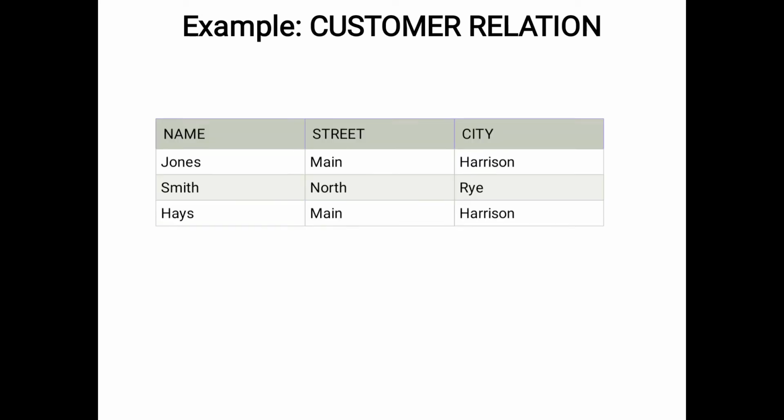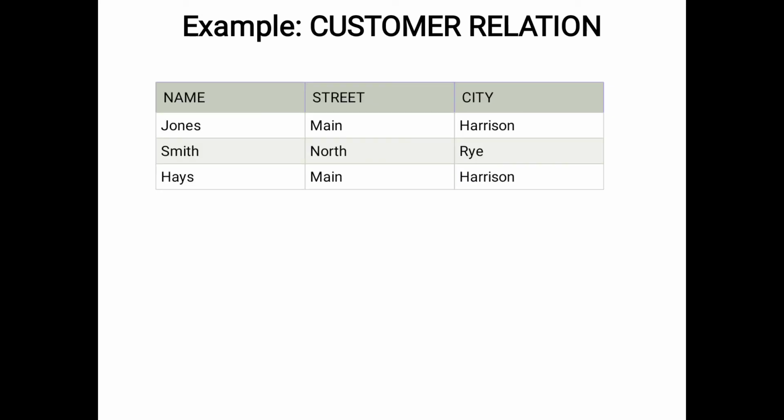Please observe the example. Here we will consider the customer table. In this customer table we have three fields: name, street, city. Our aim is to display name and city from the customer table.